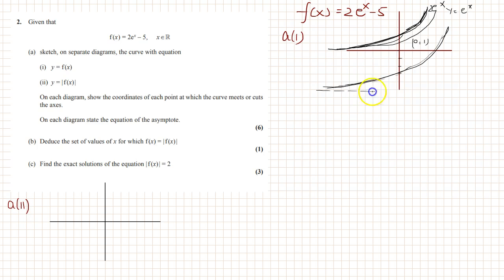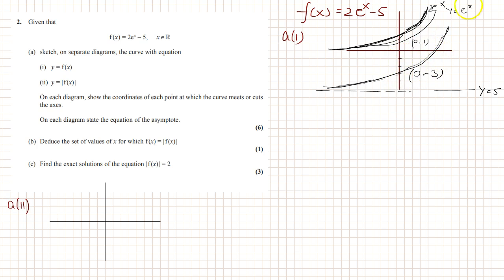and this is the asymptote. 1, 2, 3, 4, 5. Y is equal to minus 5 is the asymptote. Now this coordinate is 0 and minus 3. 1, 2, 3.